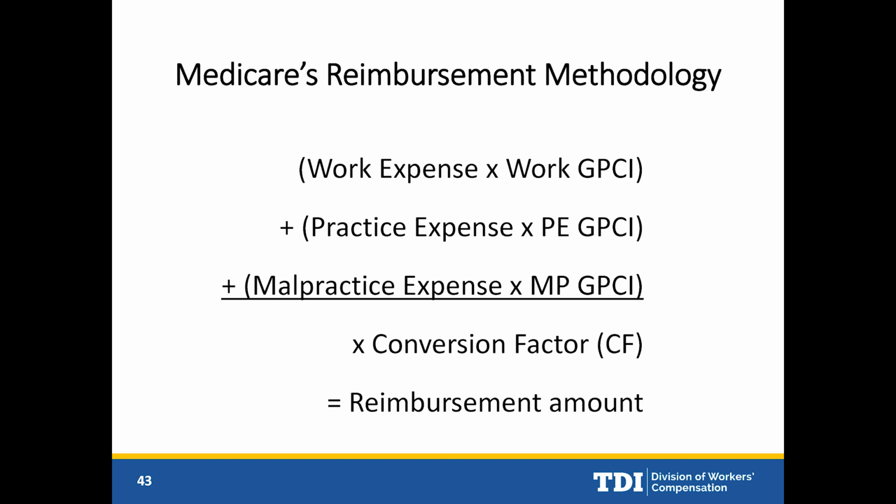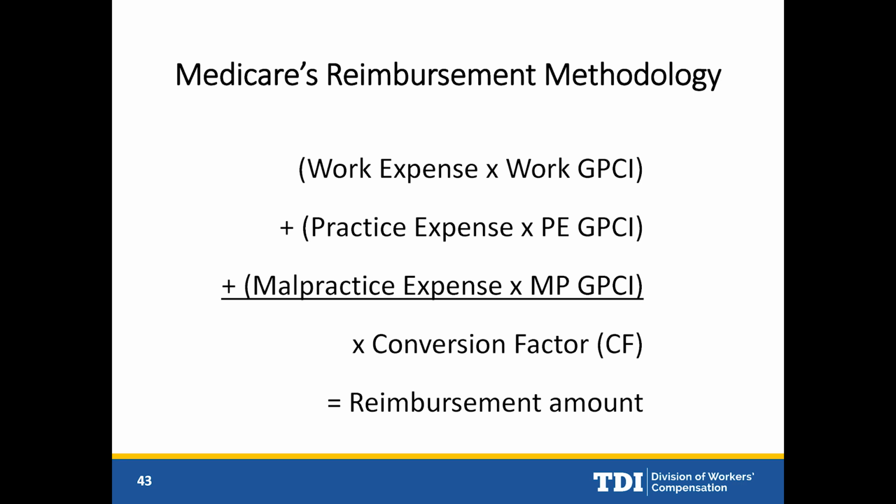And this also makes it possible for healthcare providers who are providing services out of state to still use this methodology, because they're going to have a GPCI that applies also. So you multiply all those expenses by the corresponding GPCI, and then you add that amount together and multiply that amount by a conversion factor, and you get the reimbursement amount.